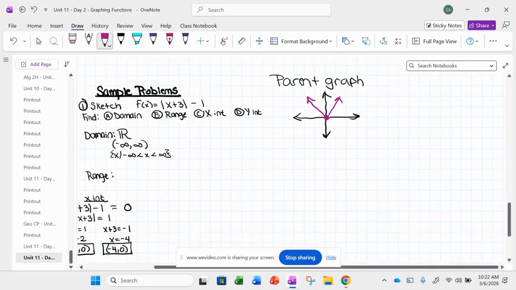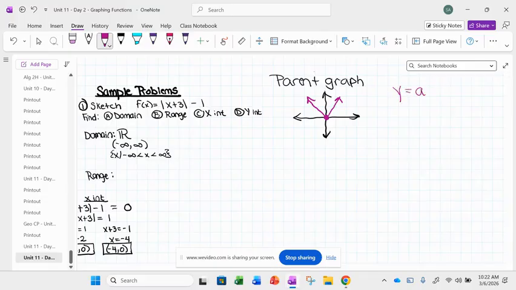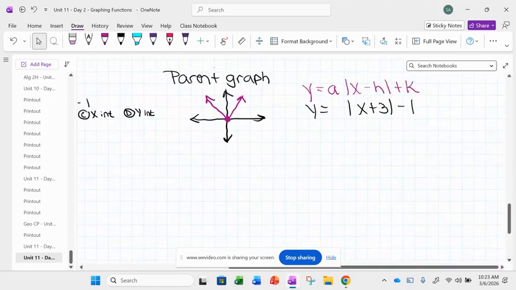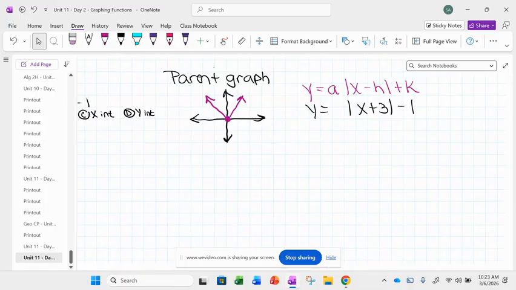But now it's saying I have shifted. So remember, it's y equals a times the absolute value of x minus h plus k. So this is y equals the absolute value of x plus 3 minus 1. So now what am I shifting here? I'm shifting my vertex, this key point here, the only one I plotted.